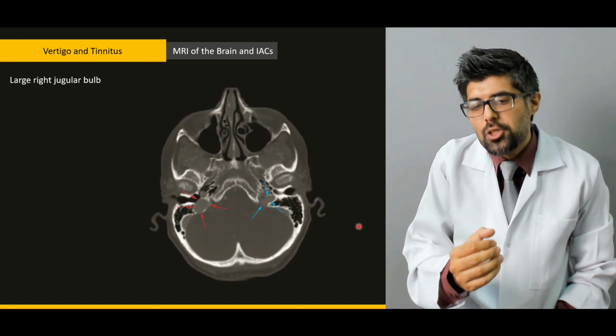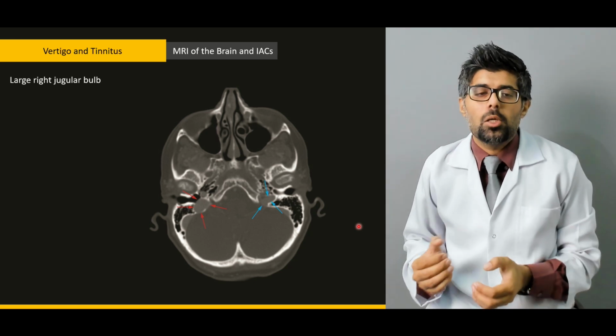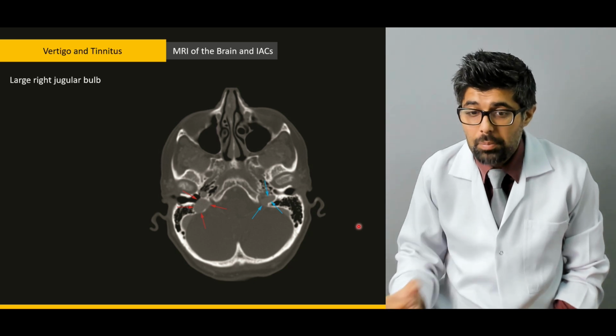Now, that compression usually comes from outside, and one of the major culprits is a large jugular bulb.